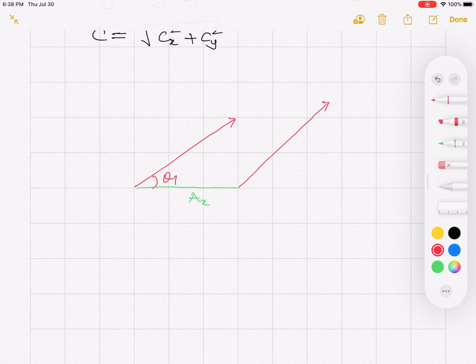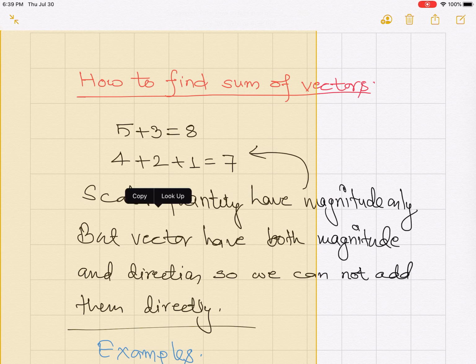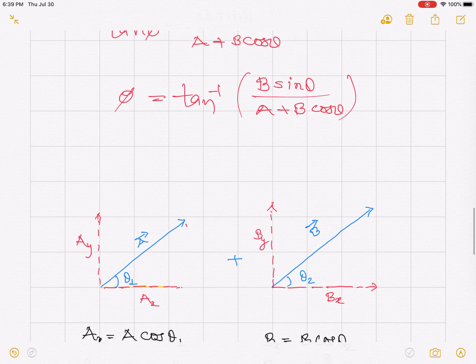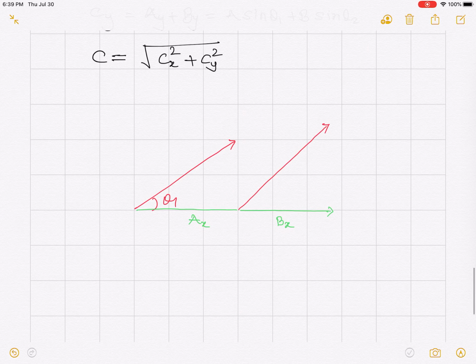Again, this one is the x component of the vector, so I can write bx. This one is theta 2, so I'm trying to find the direction.